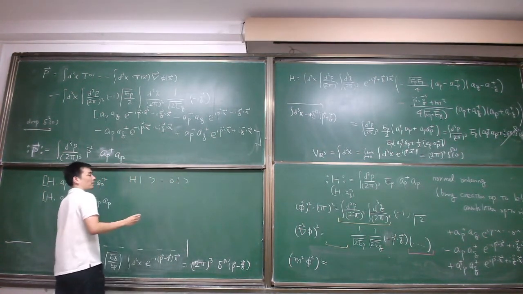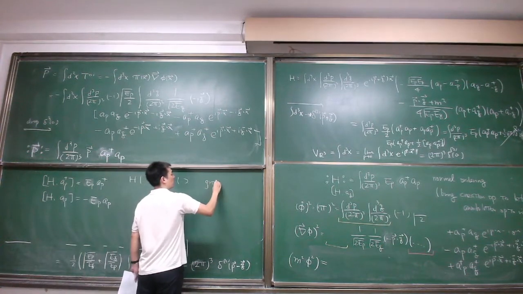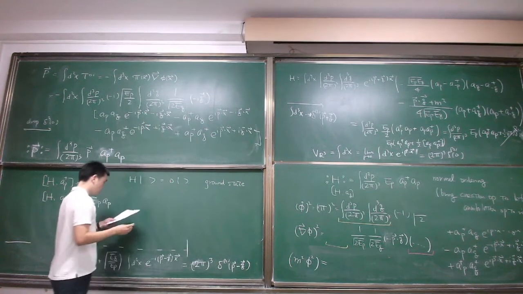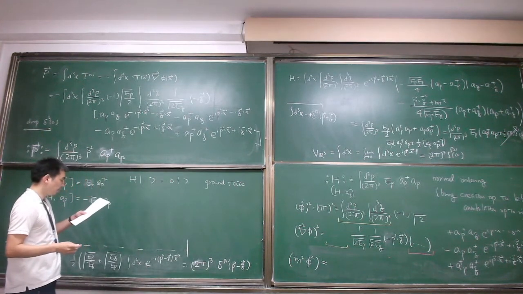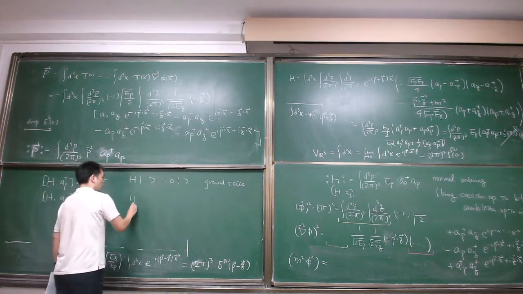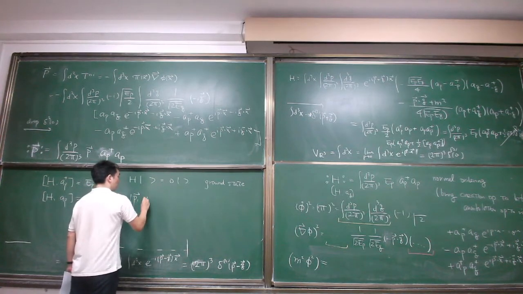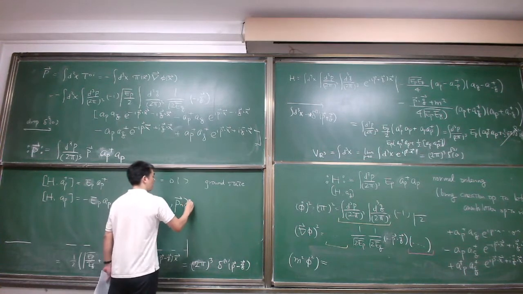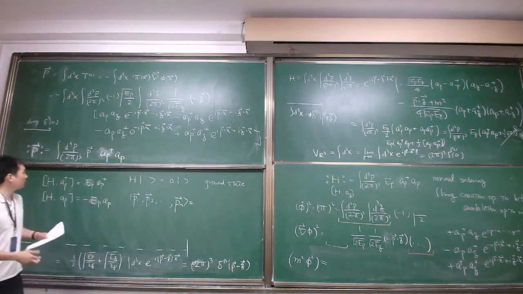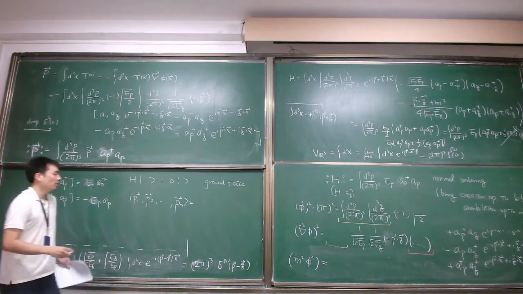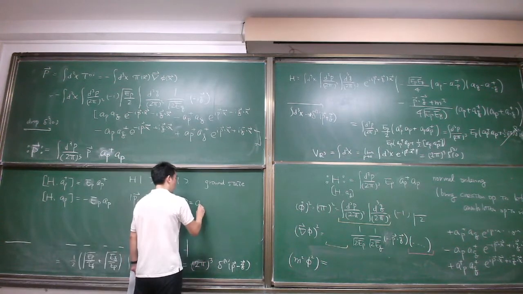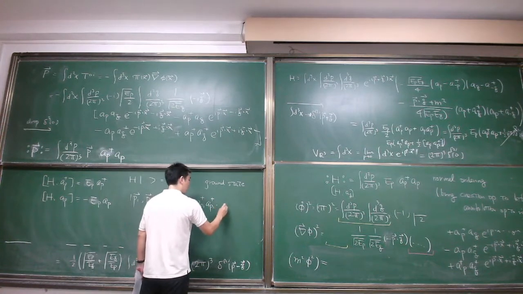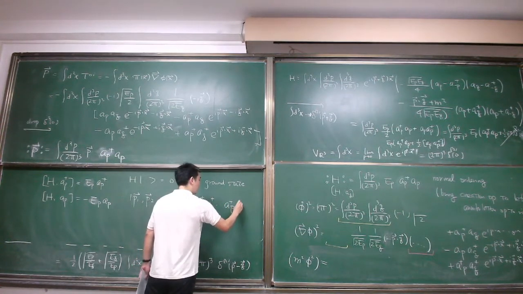This is the ground state. And for excited states, we just apply the creation operator as in the harmonic oscillator. Now we have the subscript p, so we need to apply A_p1 dagger, A_p2 dagger, and so on to the vacuum.